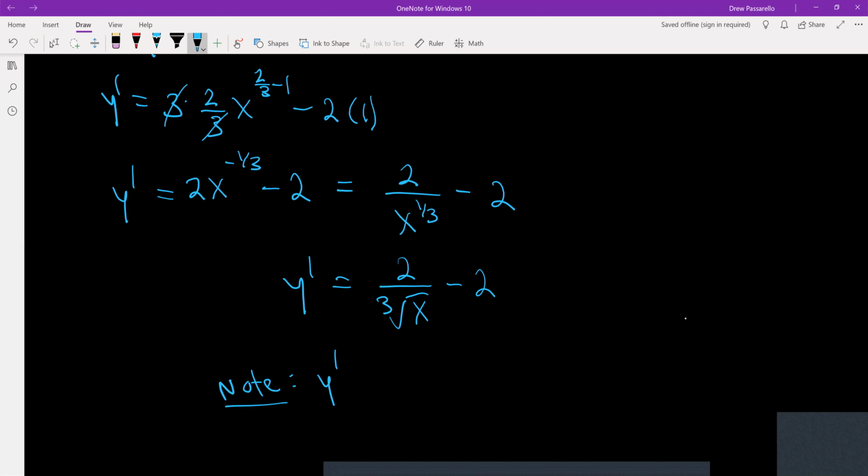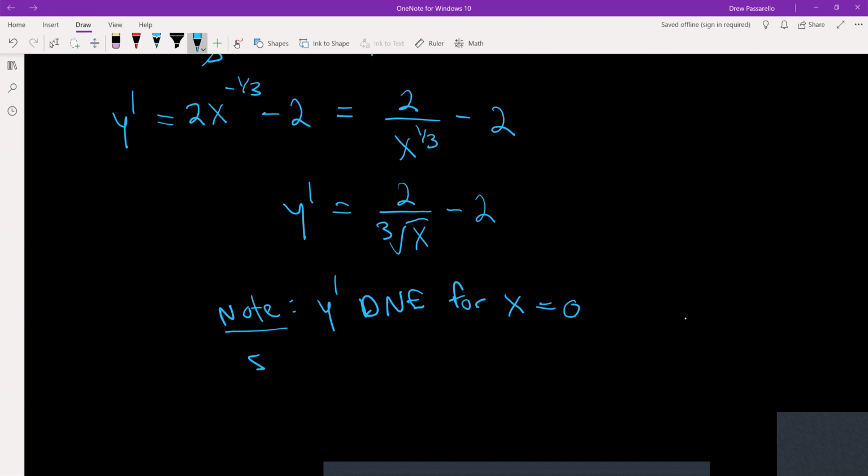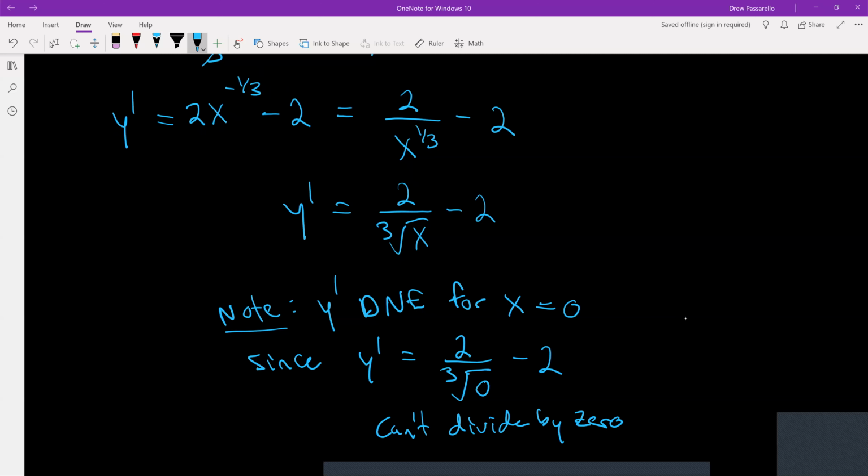So y prime doesn't exist, DNE, for x is 0. Since, right, you'll have y prime equal to 2 over the cube root of 0, and then minus 2, and you can't divide by 0. So that means 0 is a critical number.